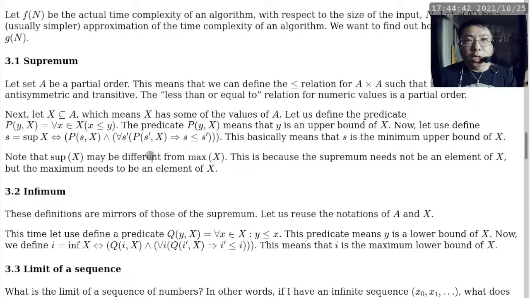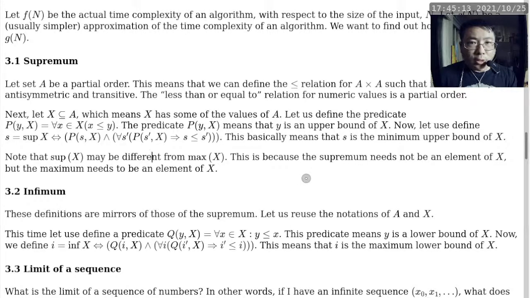However, given the context that we are in, we're talking about time, and time is usually measured by a real number, and the set of real numbers, under the less than or equal to relation, is totally ordered. So when I talk about supremum, you can basically just think of maximum, because the real number set is totally ordered under the relation of less than or equal to.